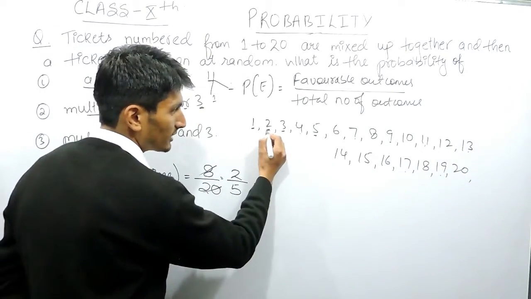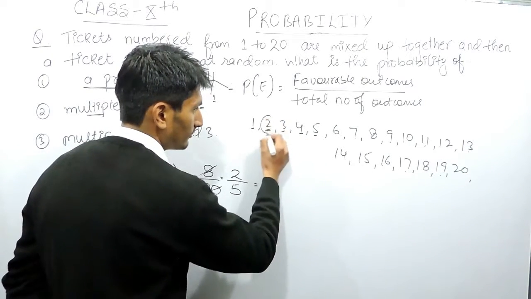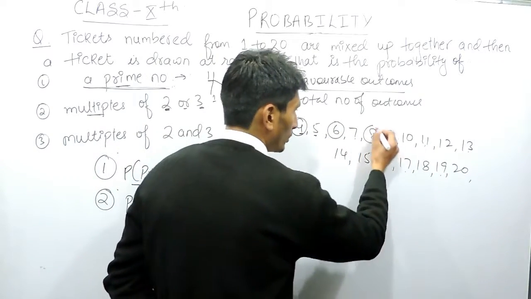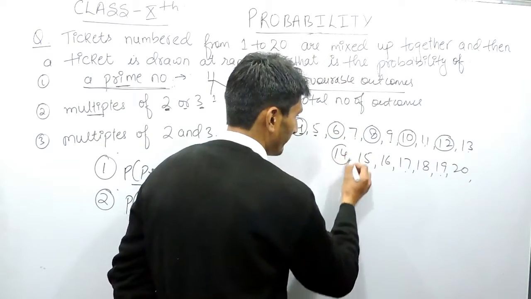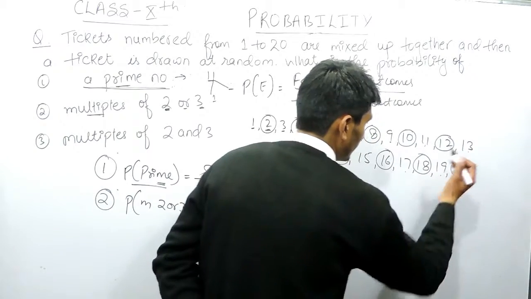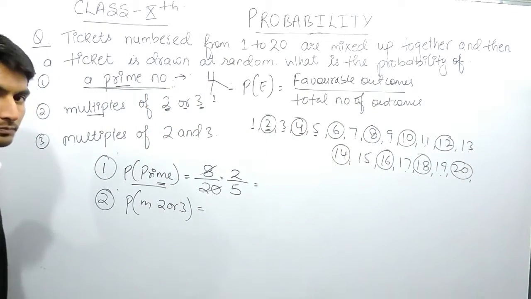So this is the first number which is a multiple of 2. This is second. 1, 2, 3, 4, 5, 6, 7, 8, 9 and 10. These 10 numbers are the multiples of 2.